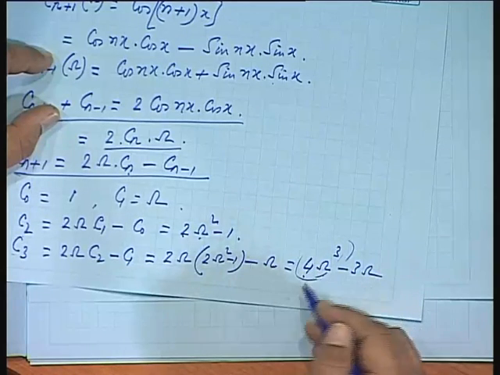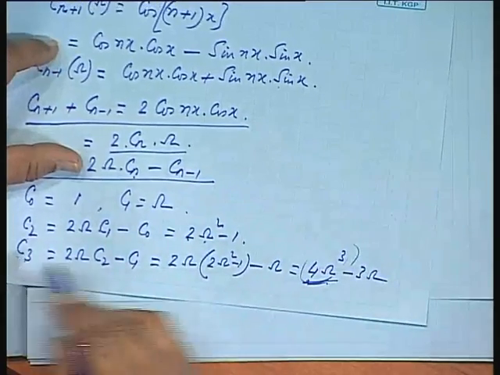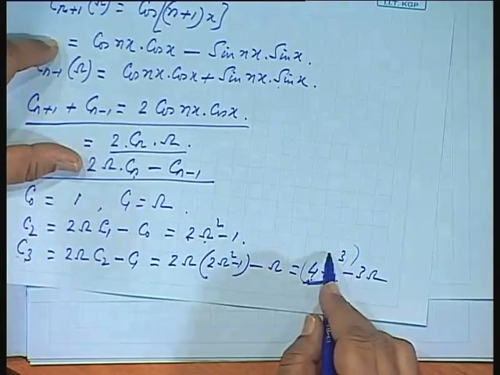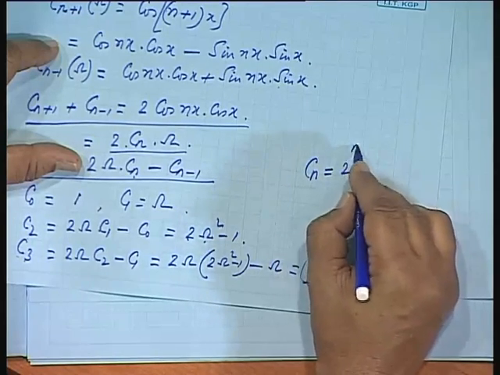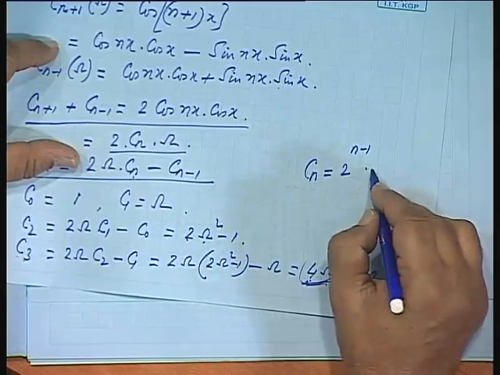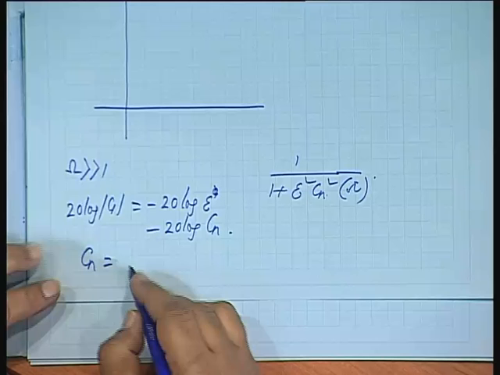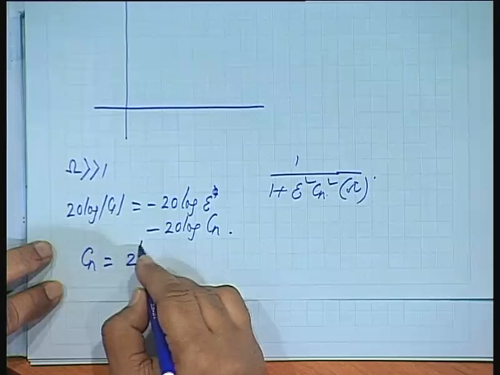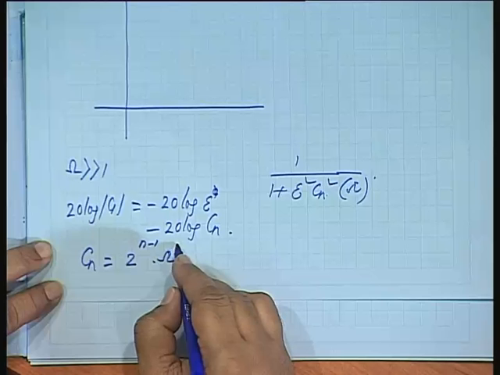So Cn will have 2 to the power n minus 1 times omega to the power n. Is that all right?